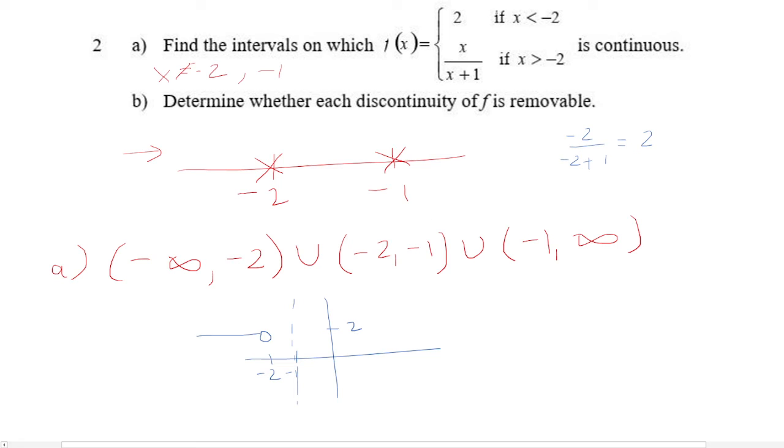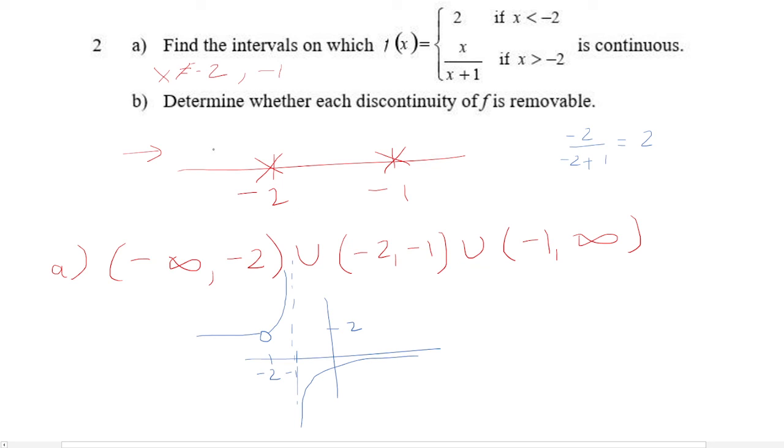Okay. So they're both going to have the same value at x equals -2, but it's not going to be filled in because it's strictly less than or greater than. X cannot equal -2. So you're going to have a hole here, and it's going to go all the way up to the asymptote there. And then on the bottom here like this.